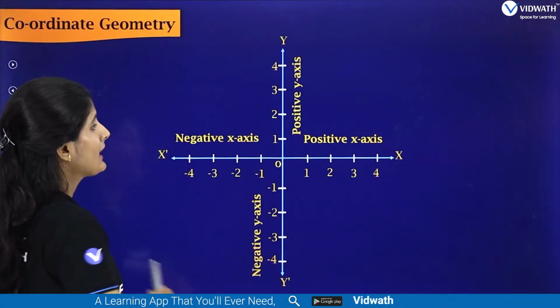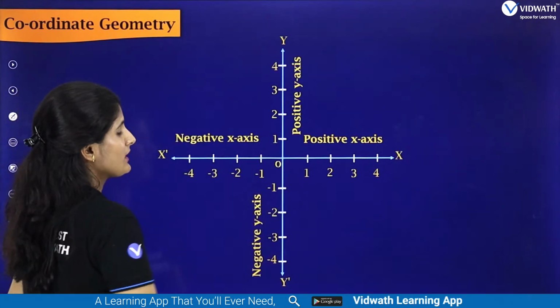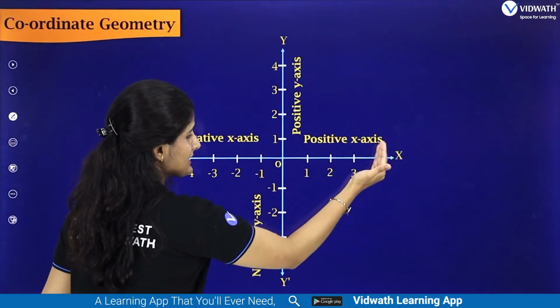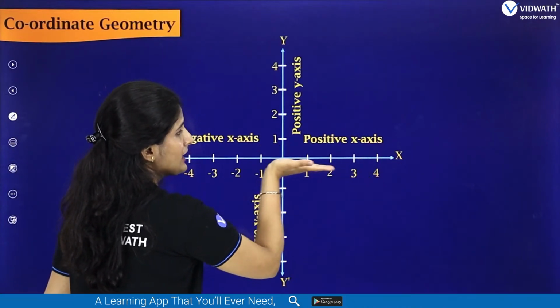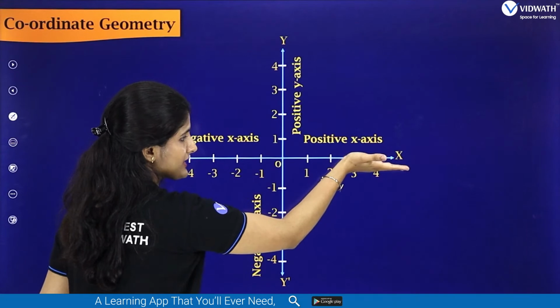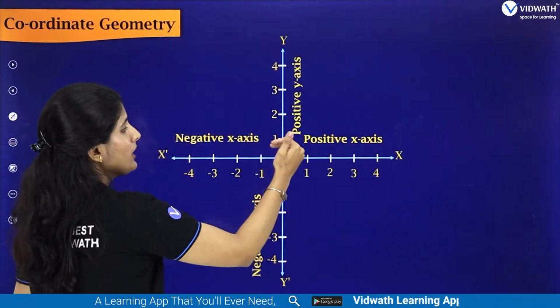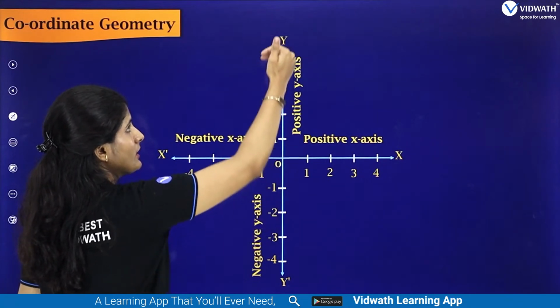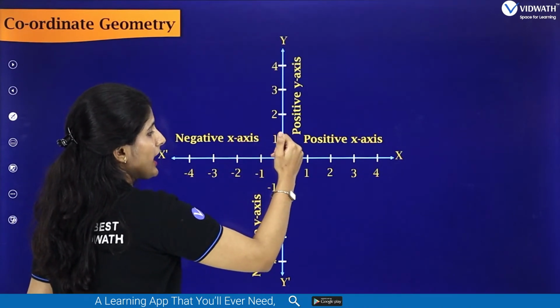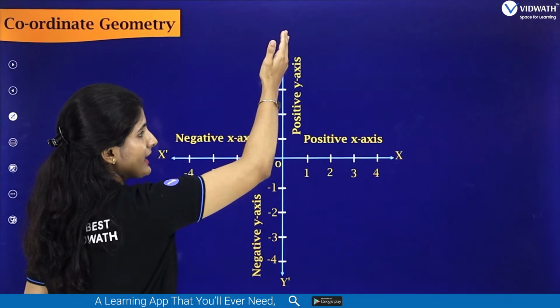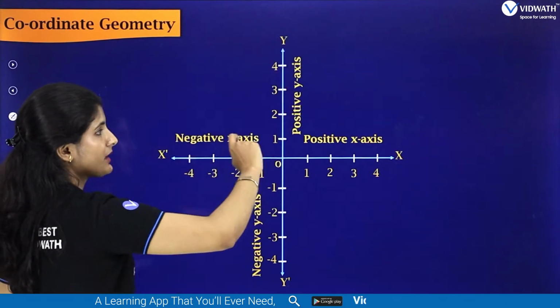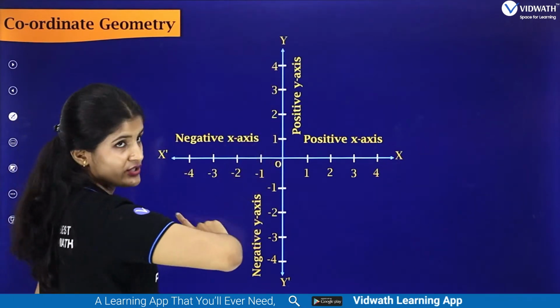coordinate plane. In this plane, on the x-axis to the right of the origin, this is called the positive x-axis since all the points here are positive. All the points above the origin on the y-axis are called the positive y-axis because all these points are positive.